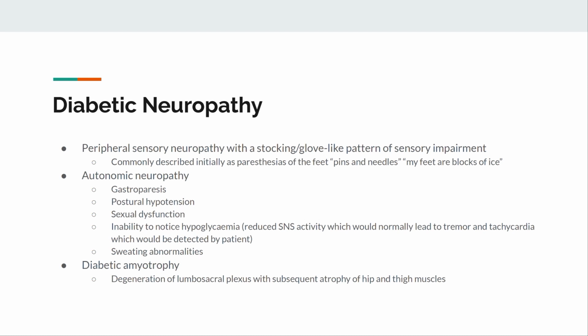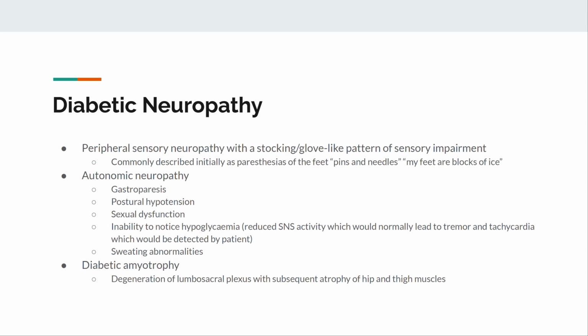There's another version of this, which is an acute pain neuropathy, where they get a painful neurasthenia. Then there's autonomic neuropathy, where both parasympathetic and sympathetic nervous system fibers are damaged, and if it's damaged to the gut, you'll get gastroparesis, which is delayed gastric emptying, constipation, diarrhea, postural hypotension, sexual issues.